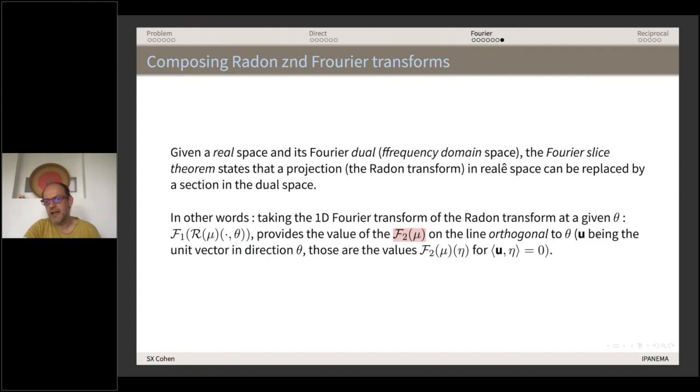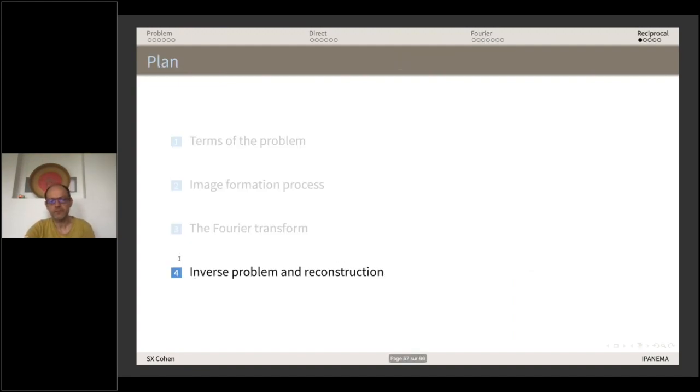By orthogonal to theta, I mean it's a section which is all the coordinates u, where u is a direction of theta in the real space, and that's basically all the values of the Fourier transform at frequency eta, such that this frequency is orthogonal, that is, its scalar product with this unitary vector is nil. It doesn't have to be unitary, by the way. It can be anything which is not zero, but okay.